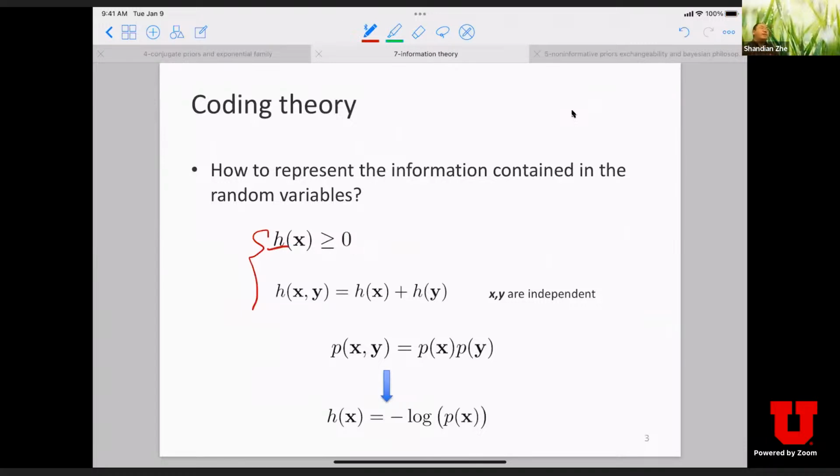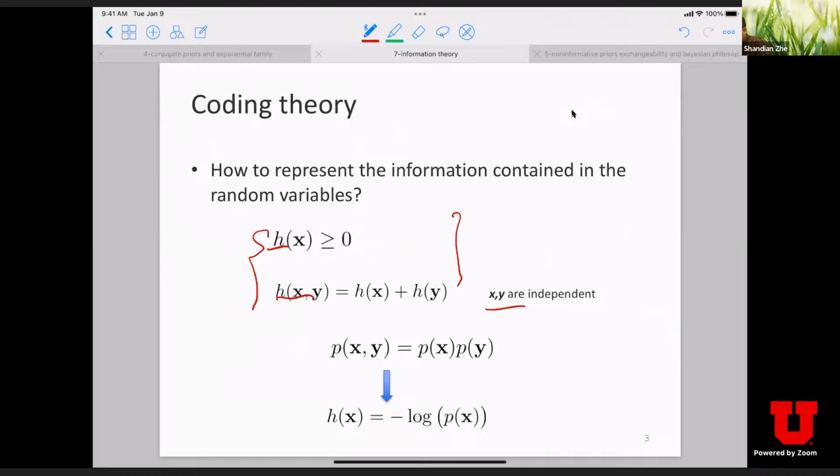And second, if x and y are independent, two independent variables, then their joint information should be the information of x plus the information of y. Right? This is very natural. By looking at these two basic properties, he thought they should be necessary for any proper measurement function of information.